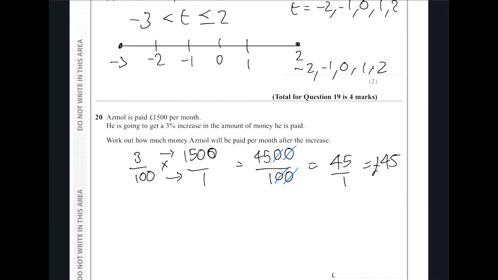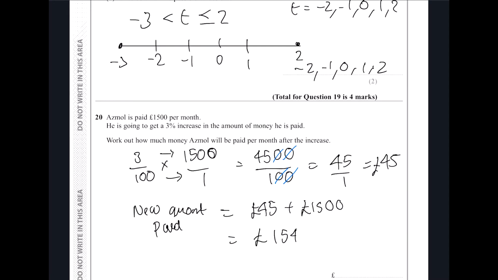So he would be paid an extra £45. If he's paid an extra £45, then we add that on to our original amount, so the new amount paid would be equal to £45 extra plus his original, that per month.